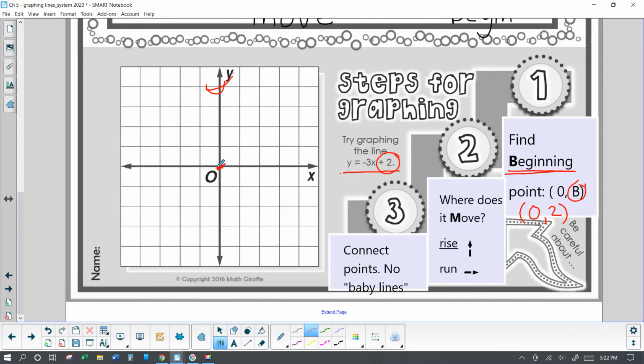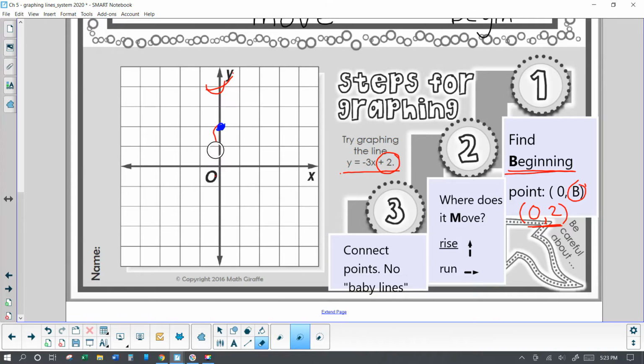So that's where I always start counting from. And it's kind of like Battleship, right? This is 0, 2. And so I want to go where x is 0 and y is positive 2. So I'm going to go up 2, and I'm going to make a point right there. That's my beginning location.